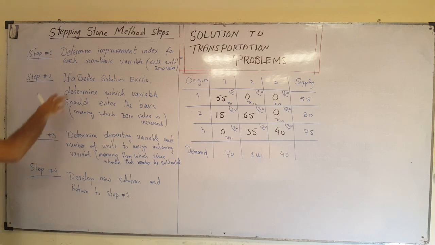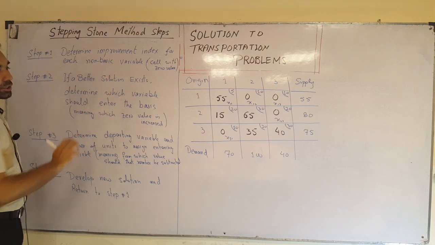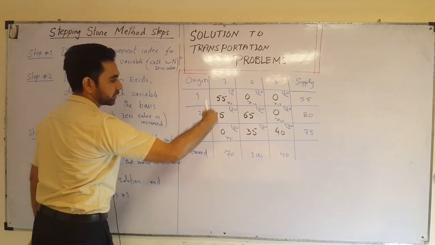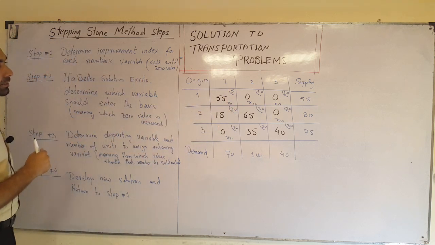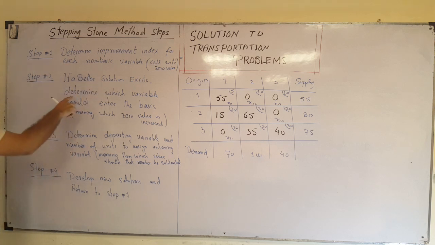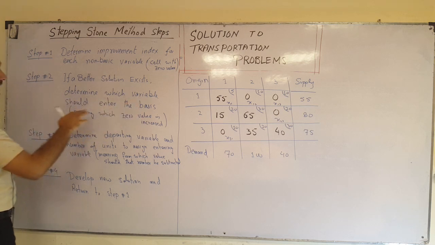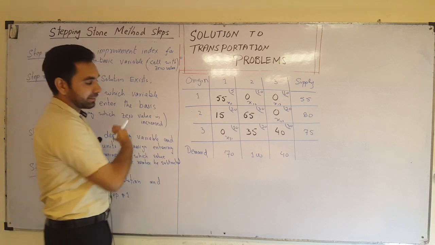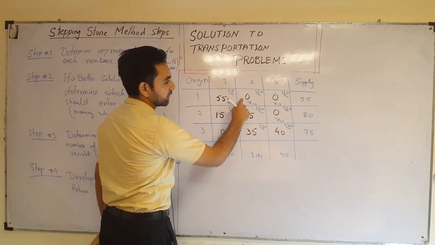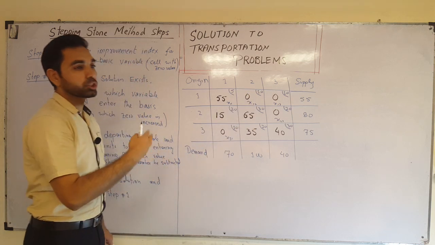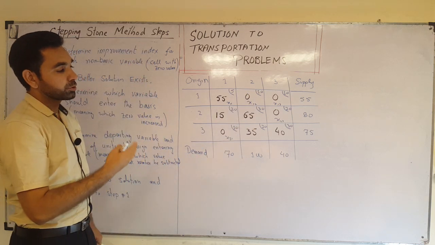The next thing is, if you find the indices, then you will know whether a better solution exists or does not exist. If it exists, then you have to determine which variable should enter the basis. By that it means that in one of these 4, one should be improved.